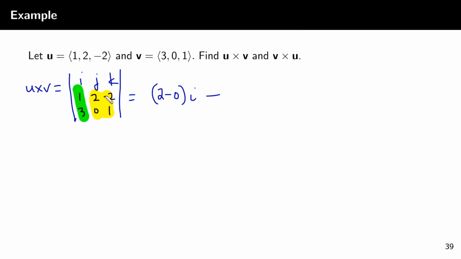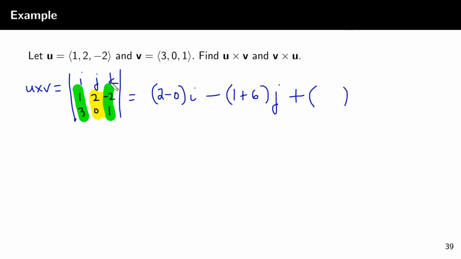Itong 1, 3, and negative 2, negative 1. And ano yung difference ng cross product nila? 1 times negative 1, that's negative 1. Minus negative 2 times 3. So, that's negative of negative 6. So, plus 6. Ayan. Times j.